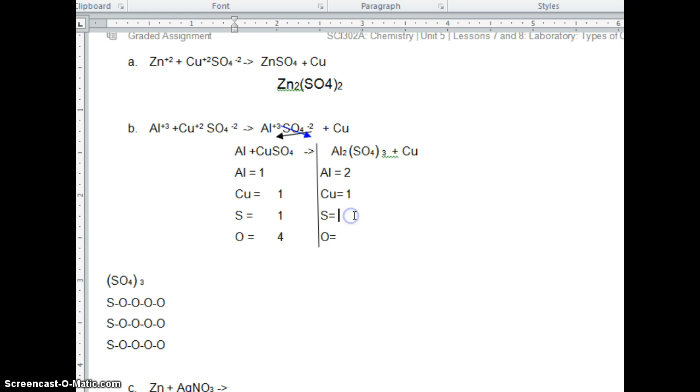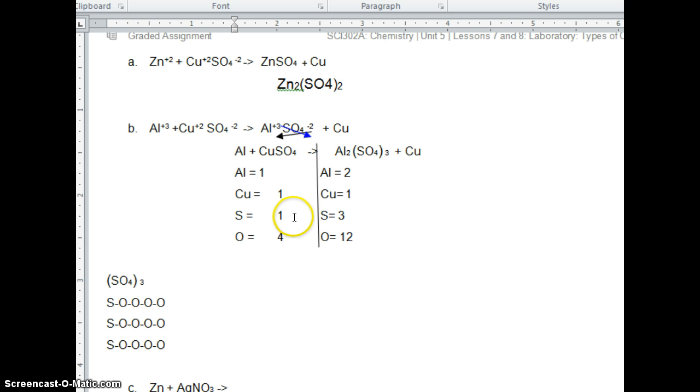Okay, so how many S's do I have on the product side? 3. And how many oxygens? Well, you can add it up, or 4 times 3. 4 times 3 is 12. Okay, so now we can see this is not balanced. We can see that, well, we definitely have more oxygens, more sulfurs, and more aluminums on this side. So now we have to balance it. We have to add some coefficients or numbers in front of the compounds to balance it out.